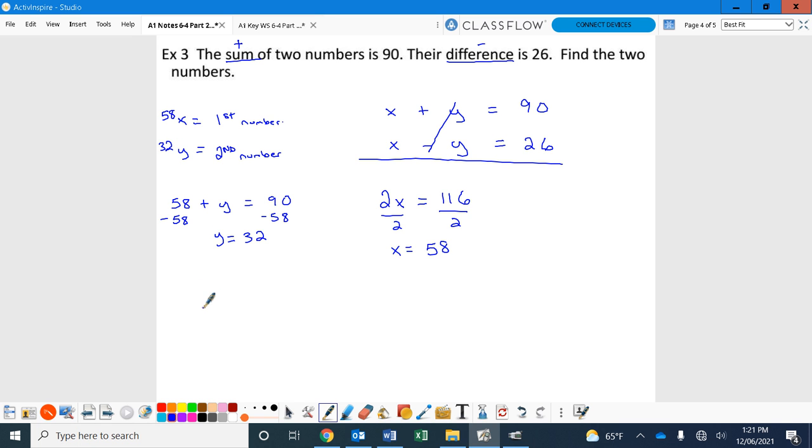My sentence would be: the first number is 58 and the second number is 32. The first number is 58 and the second number is 32. I looked away.